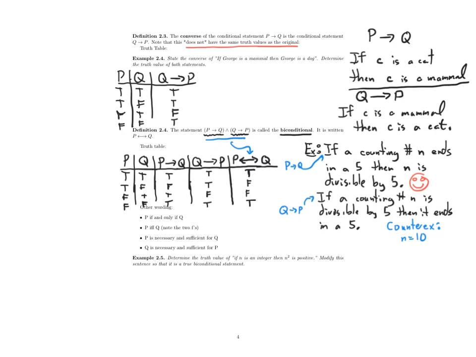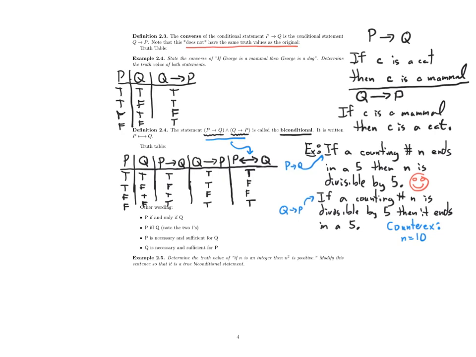Okay, so we know that numbers that are divisible by 5, they're like 5, 10, 15, 20, 25, 30, etc. They always end in a 5 or a 0. So now we can modify this so that both the original conditional statement and its converse are true by just changing ends in a 5 to ends in a 5 or 0.